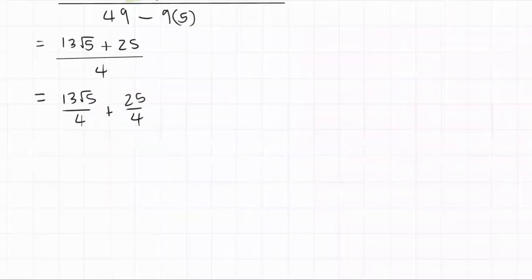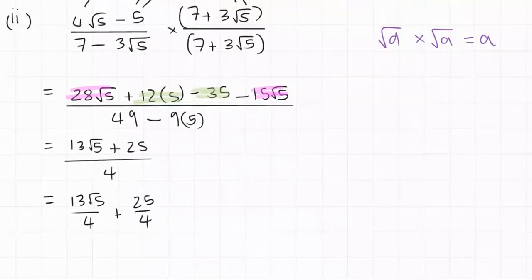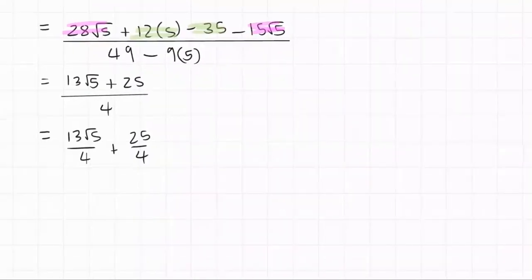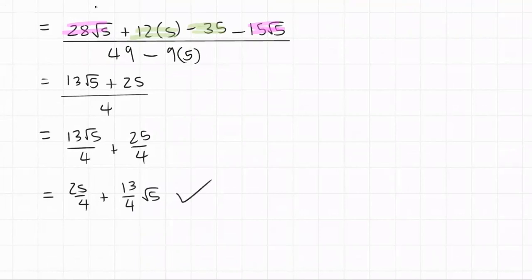Okay, so we're trying to get it into the a plus b root 5 form. And we're nearly there. Well, basically we are there. Just 25 over 4 plus the b would be 13 over 4 square root 5. That's it. Okay, I think that was question 3 completed. Good.